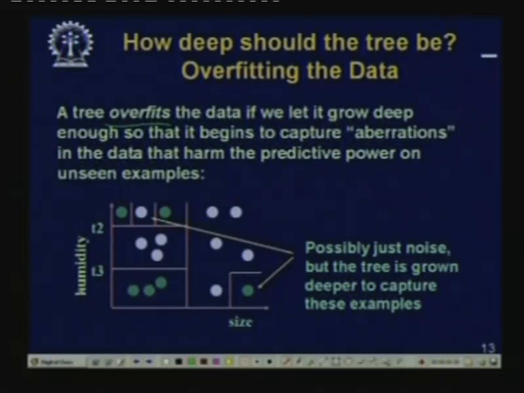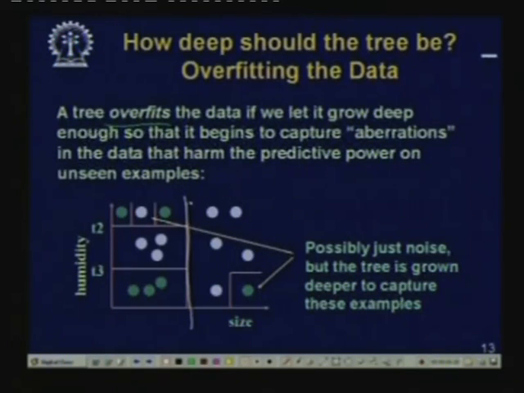Suppose there is a feature called humidity, and there is another feature called size. Now, we have two classes, the blue class and the green class. So, what happens is that the decision tree separates the feature space into different classes. Now, in this region there are all blue except this green.